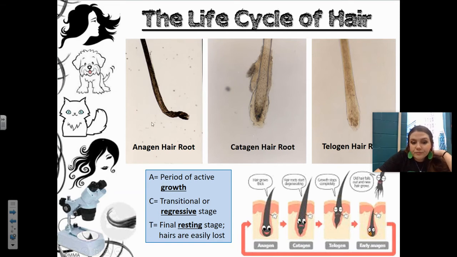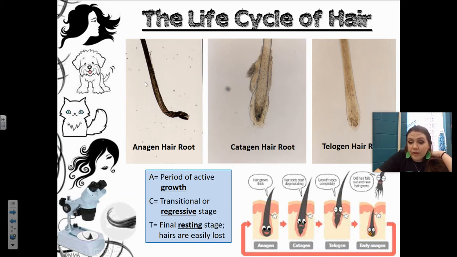Now, what do they mean? If they're looking like this, that is the period of growth. So this is what it looks like when your hair is still growing, in the growing period. Then C, catagen, is when it's in the regressive stage. So it's starting to die off, it's starting to close in, but it's not fully done or anything.